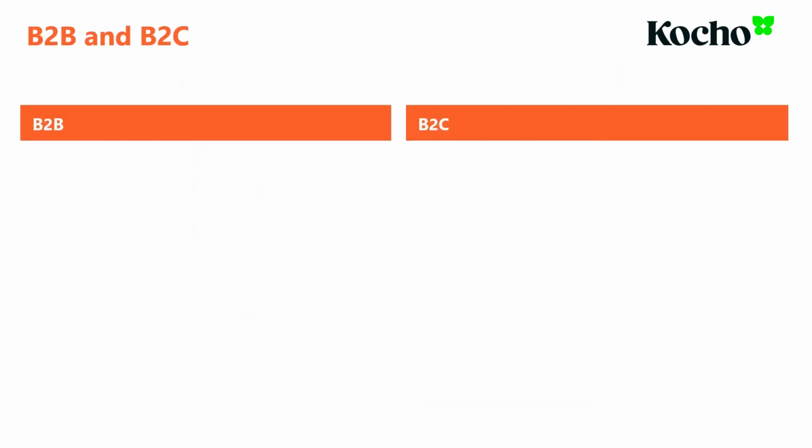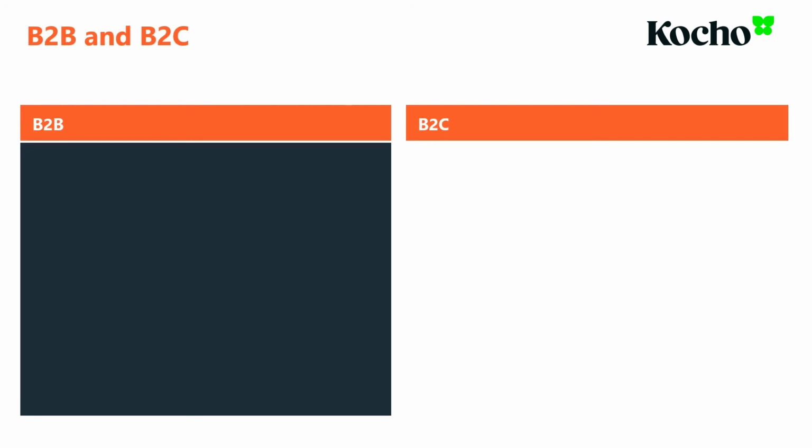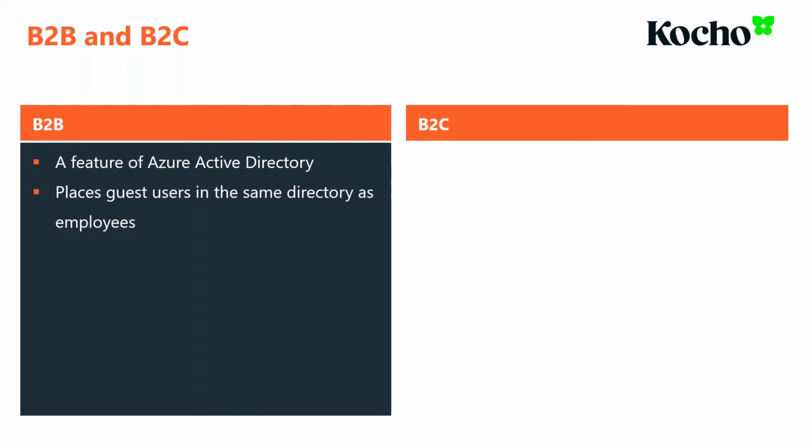So how do we compare B2B and B2C, and how do we make a choice between them? So B2B is a feature of Azure Active Directory. It involves putting guest users in the same directory as your employees so they can share the same kinds of access to groups, for example.